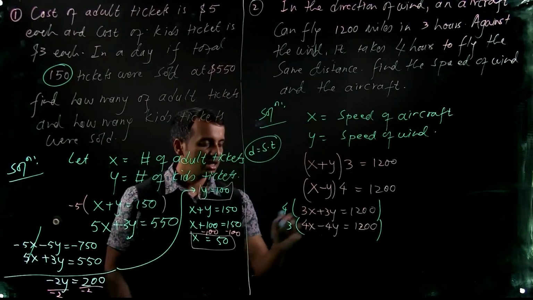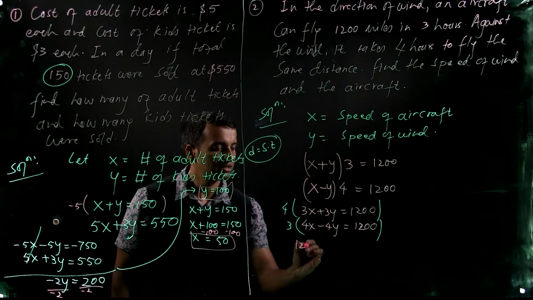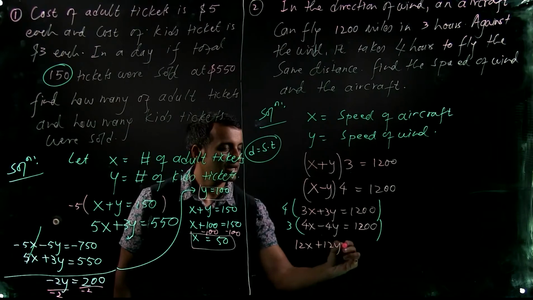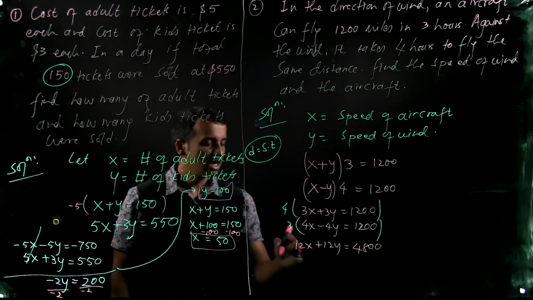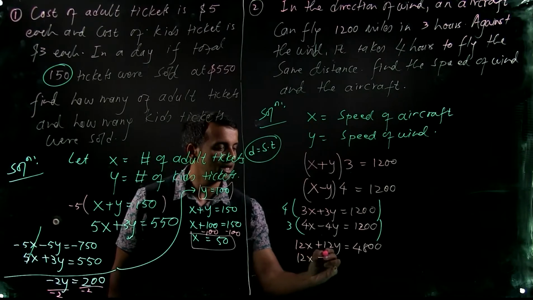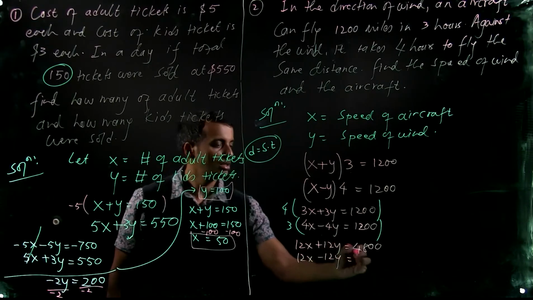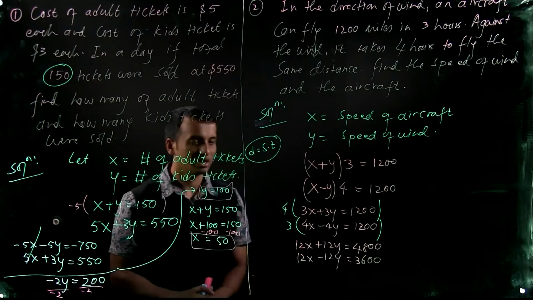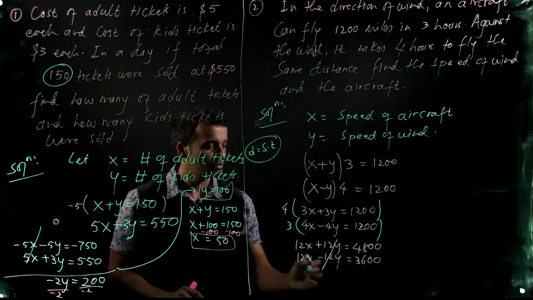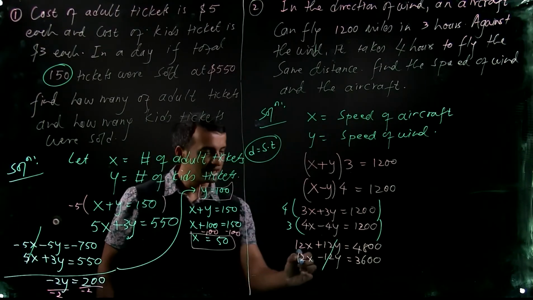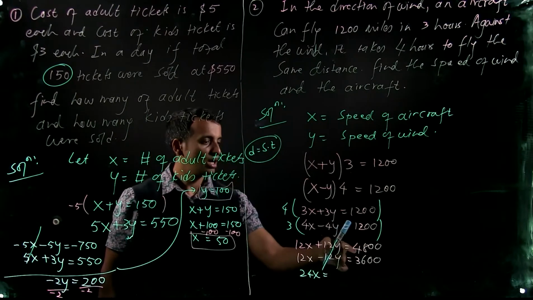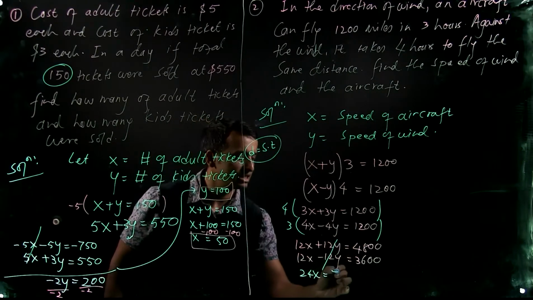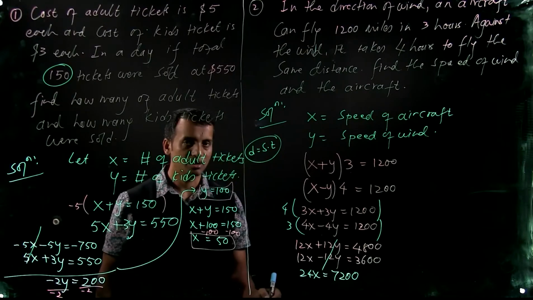So here, 12x plus 12y equals 4 times 1200, which is 4800. And this is 12x minus 12y equals 3600. Okay, so you cancel these two. What do you get? It is 24x equals 4800 plus 3600, which is 8400.